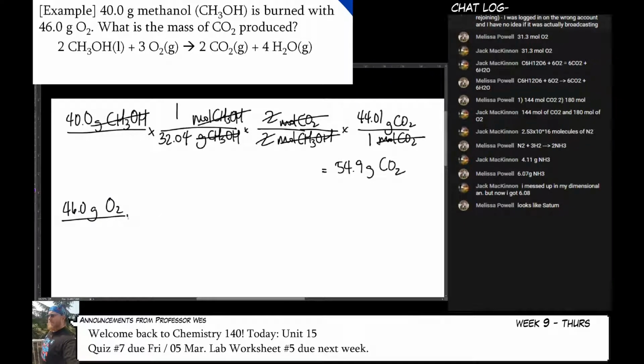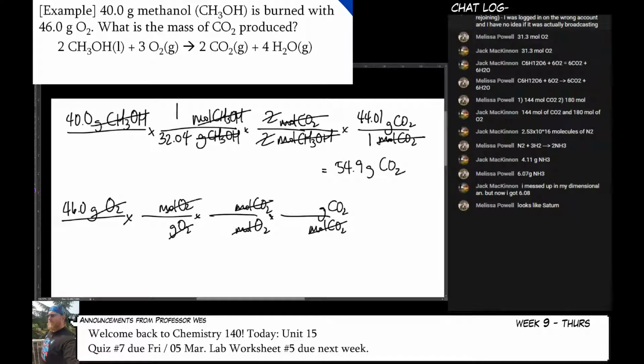Okay, now let's do the same calculation with oxygen. So we'll turn grams into moles. We'll turn moles of O2 into moles CO2. We'll turn moles CO2 into, oops, not moles, I'm sorry, grams of CO2.